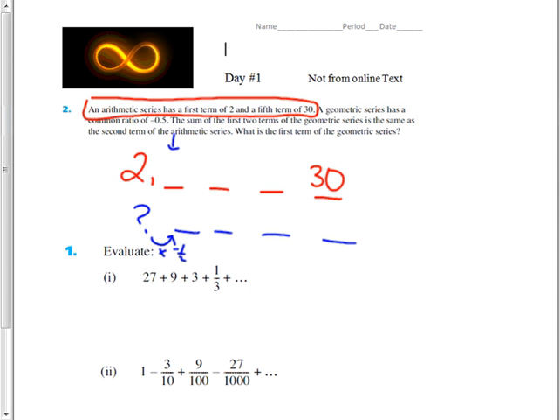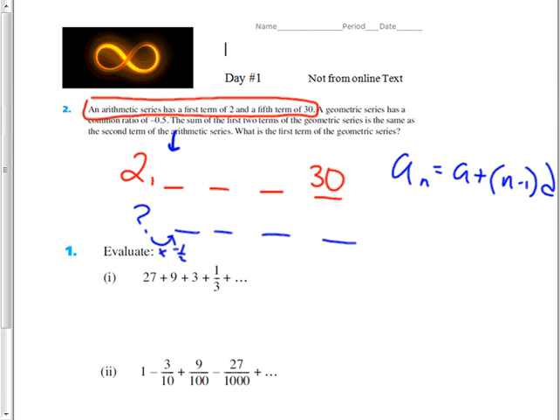Do you get how we can figure out what this term is of the arithmetic series? Well, which formula should I use? Okay, a sub n is a plus n minus 1 times d. That's the formula I want to use, because I'm not actually adding all these terms up. What does that tell me?